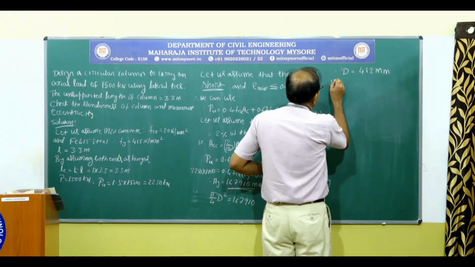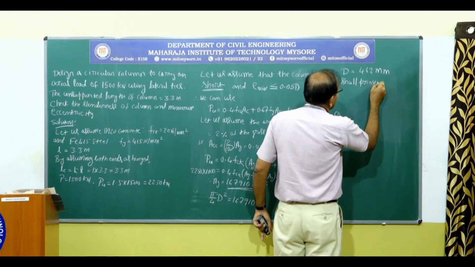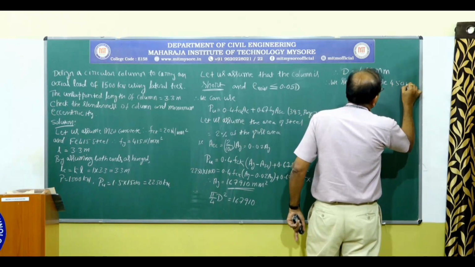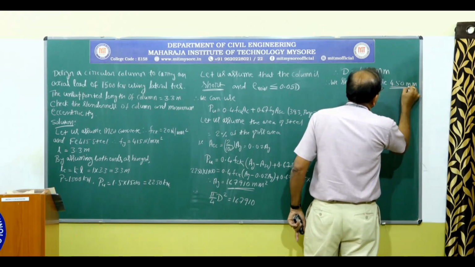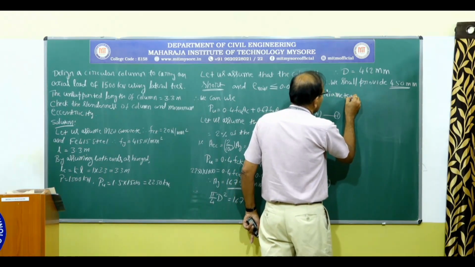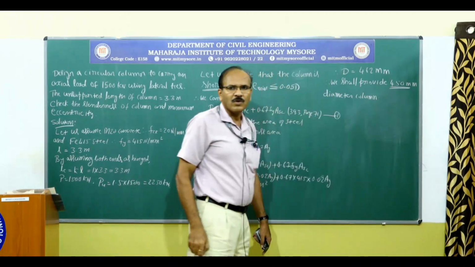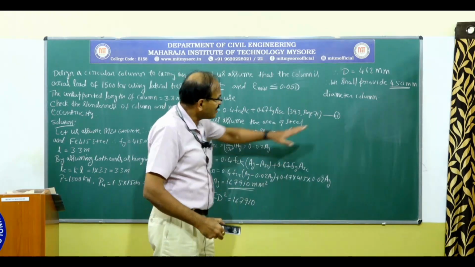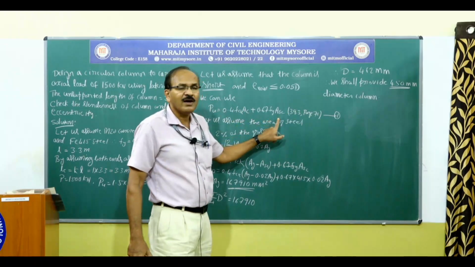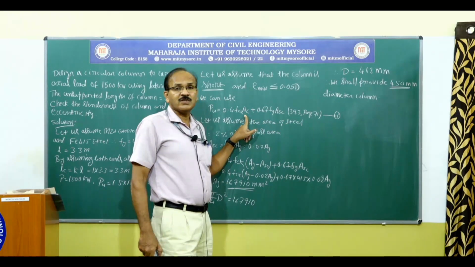Therefore, we shall provide 450 millimeter diameter column. Okay. So once this is done, again we will come back to the same formula. Now we know the cross sectional area.